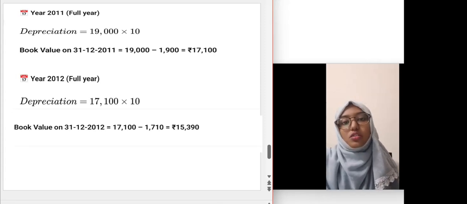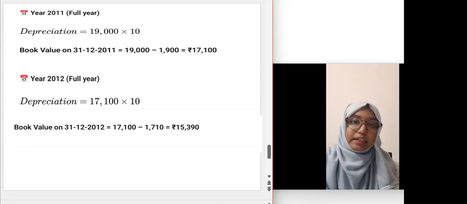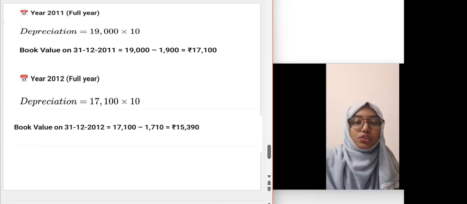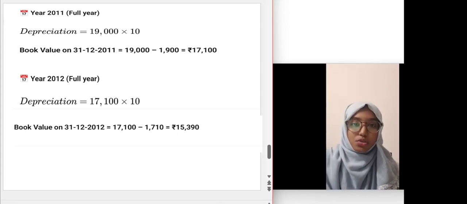On the 19,000 only, 10% has to be calculated as the depreciation for the second year, which will be 1,900. So 19,000 minus 1,900 will be 17,100, which is the asset value taken over for the next year, that is for the year 2012.